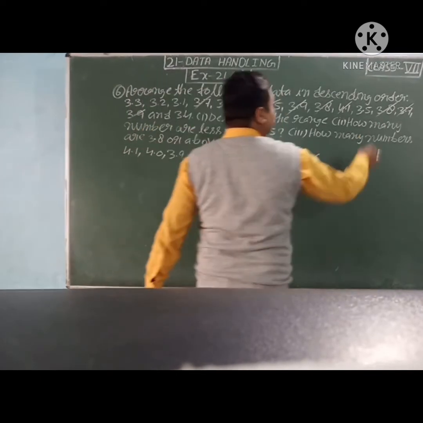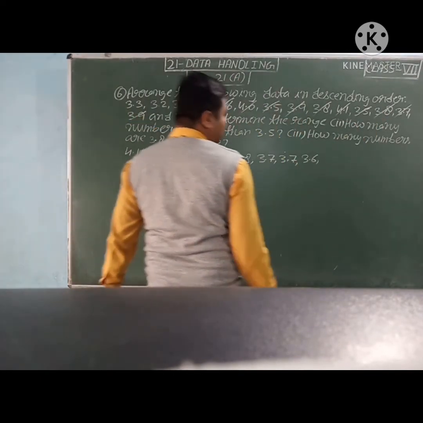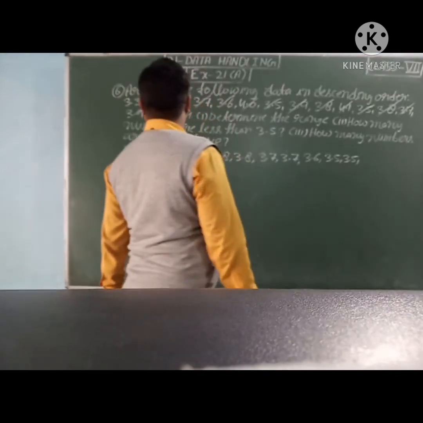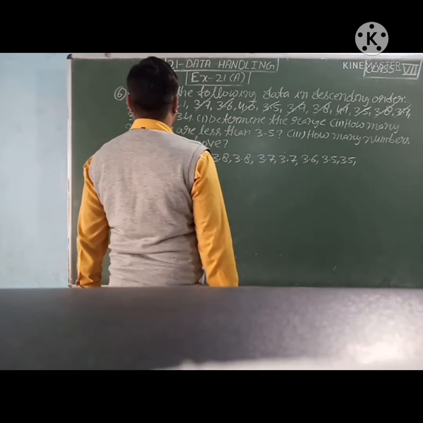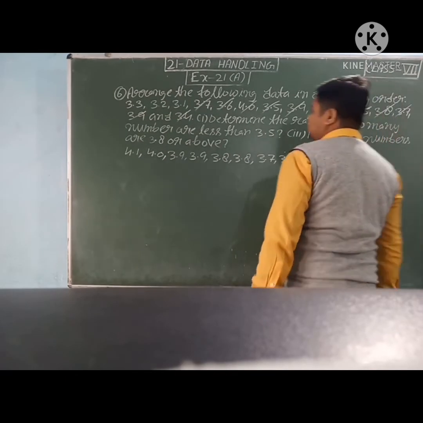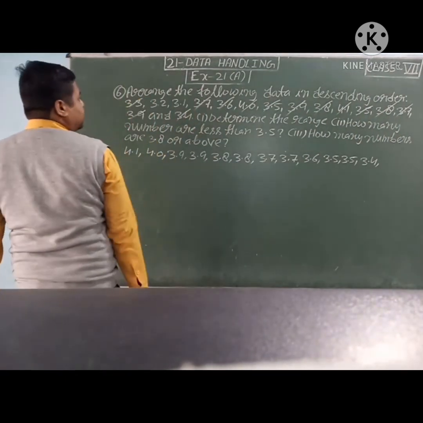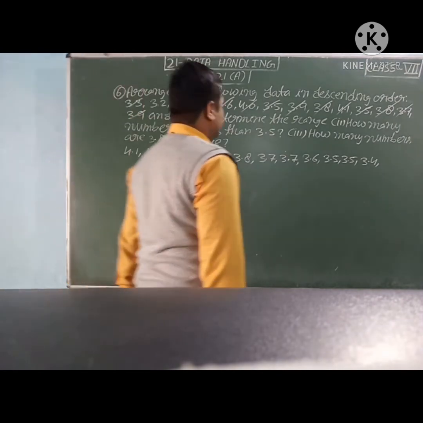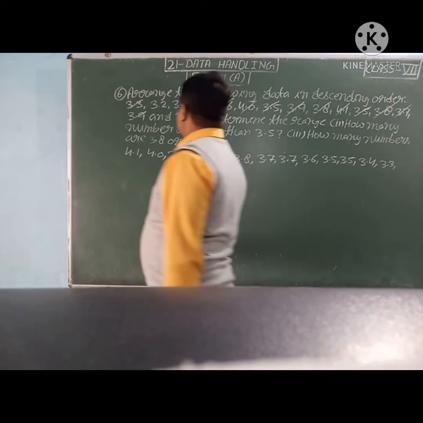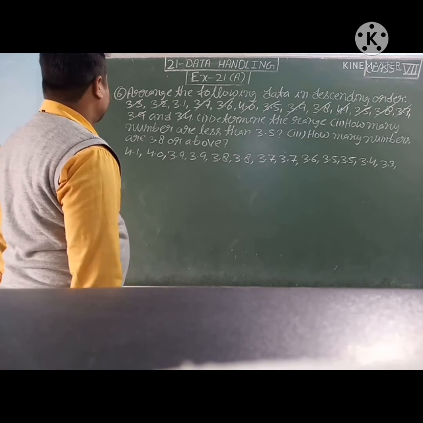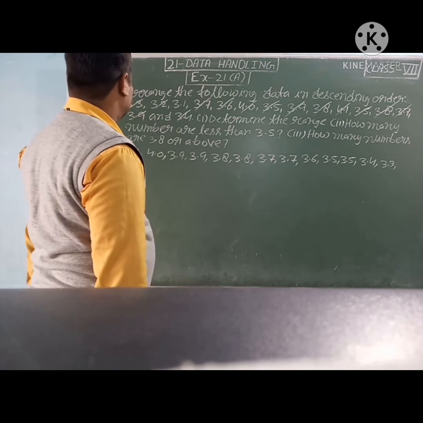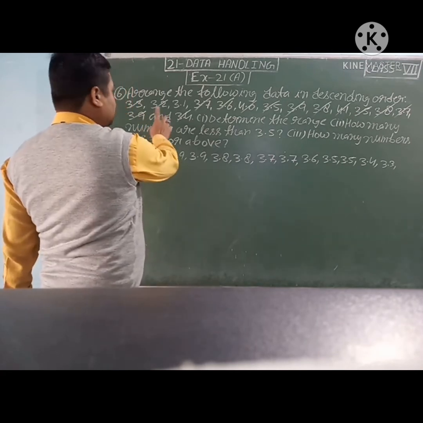Then 3.5, 1, 2, 2 times 3.5. Then 3.4, 1 time. 3.3, only 1 time 3.3. Then 3.2, 1, one time.